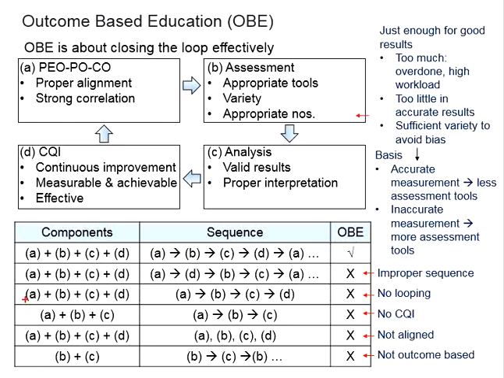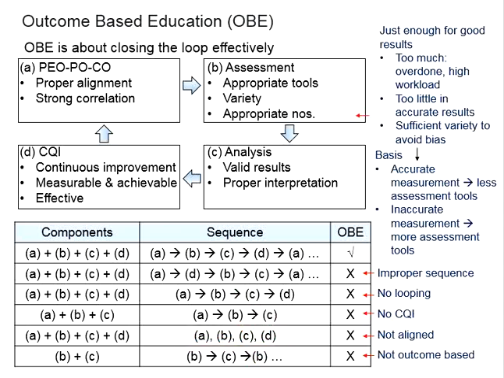Let us look at the next scenario. You have A, B, and C. There is no CQI, which is D, in the mechanism here, and this is also not an OBE. Or you can have A, B, C, and D all together, but they are separate.